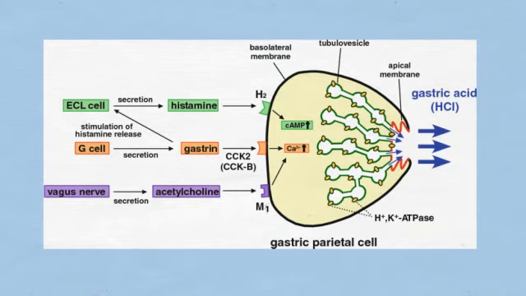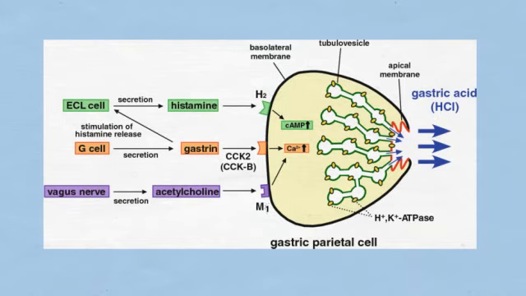As a result of the vagal stimulation, acetylcholine is secreted. That acetylcholine not only binds with the M1 receptor, but it also stimulates the G cells, and the G cells ultimately secrete gastrin that binds with the G receptors present on the surface of parietal cells.